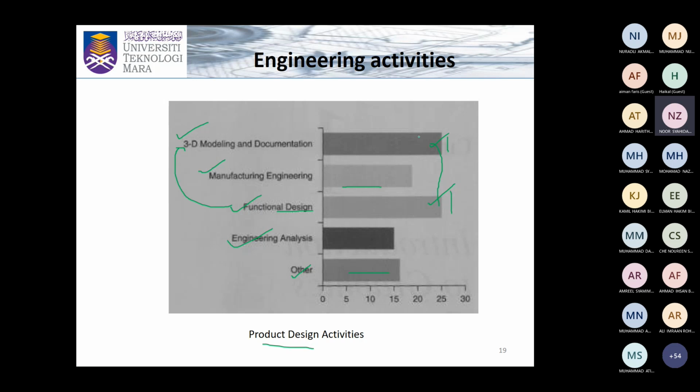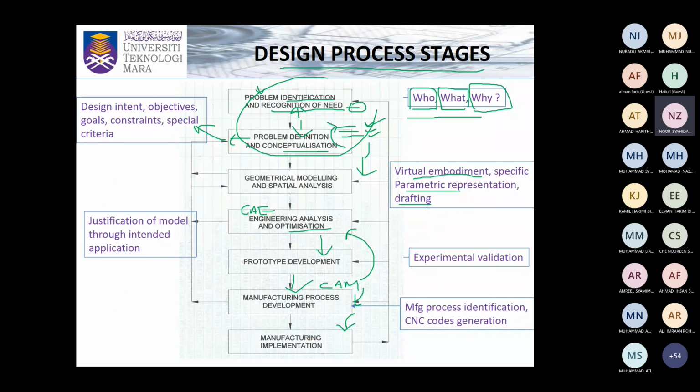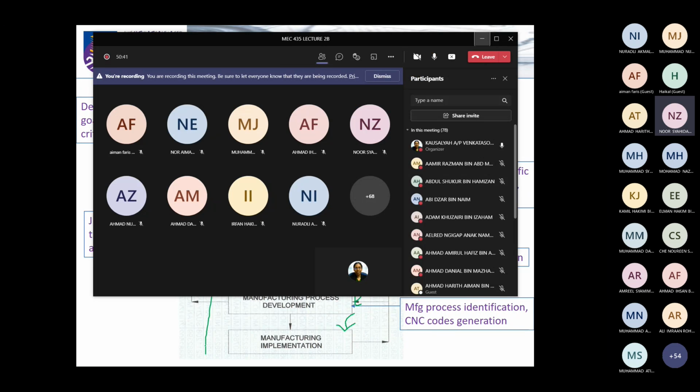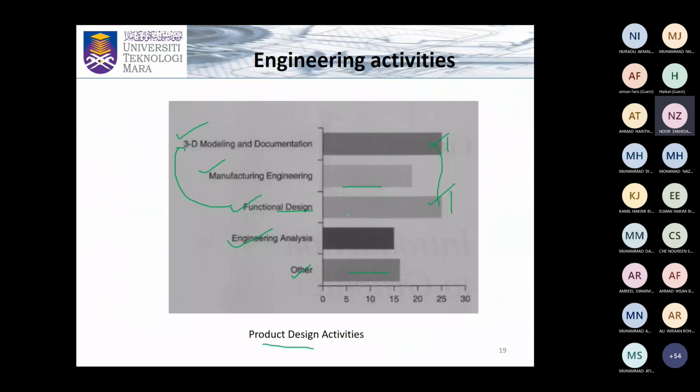So the whole idea of why this much time is taken over here, if you go back to this slide, this slide is actually linked to the entire design process stage. You see all these functions fall under 1, 2, and 3.